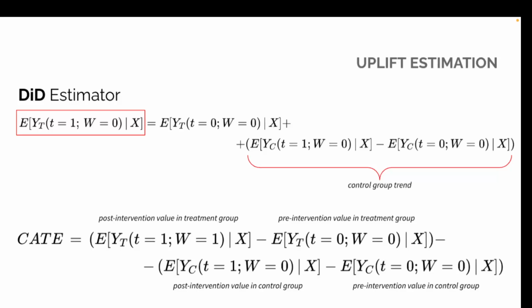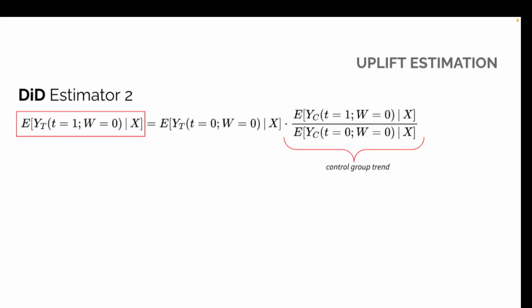And of course, as I said, it assumes that control and treatment groups or time series are similar. Okay, but that's a strong requirement. So this is another way of writing this approximation. I don't know, it's not a big deal. I just wanted to write it down.